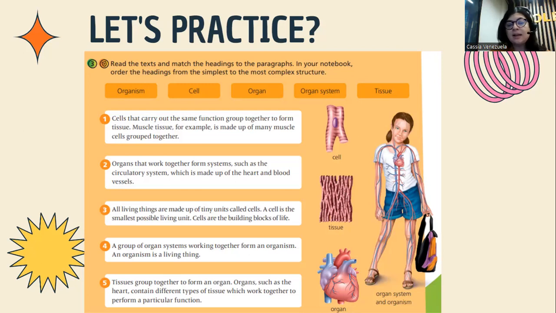You can say that number 3 is the simplest structure and explain why it's the simplest structure. It's the smallest one. Cells are the building blocks of life, but they basically only do one thing. They don't do multiple things, and that's why they're not so complex.